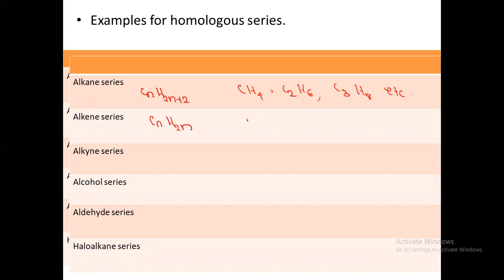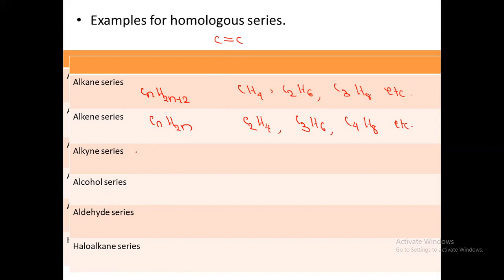What is the condition for an alkene? There should be a minimum of one carbon-carbon double bond, so there is no alkene with 1 carbon. There should be a minimum of 2 carbons: C2H4, C3H6, C4H8, etc. That's also an example of a homologous series.